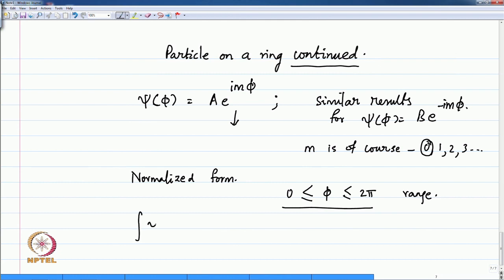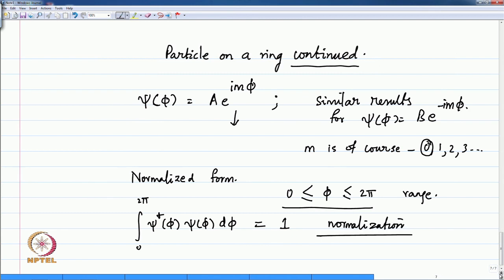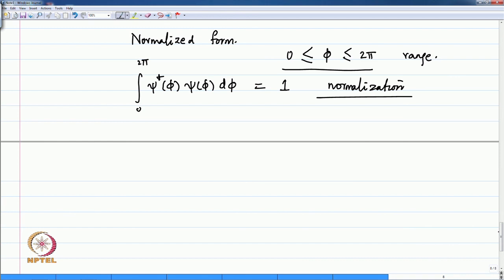Therefore, what you have is the integral of psi star phi, psi phi, d phi between 0 and 2 pi, which should be made equal to 1 for normalization. So, psi star phi is a star e to the minus i m phi, because we do not know whether a is real or imaginary, so we write a star.